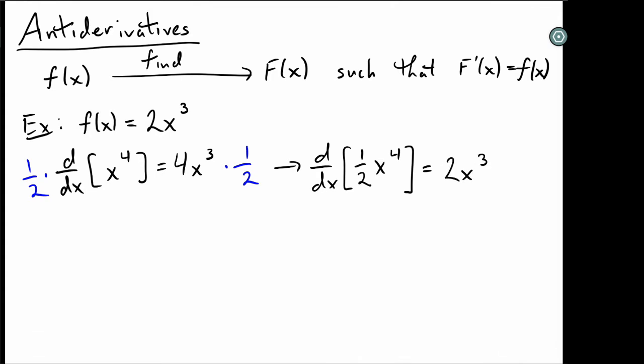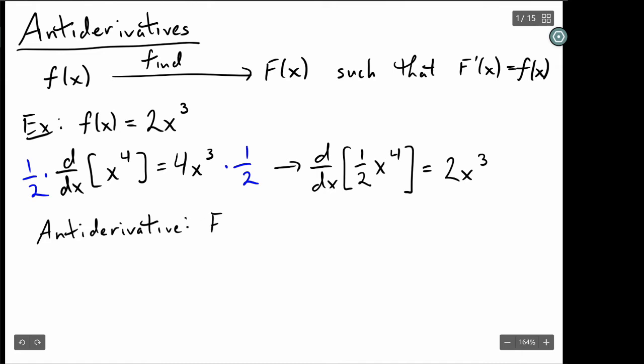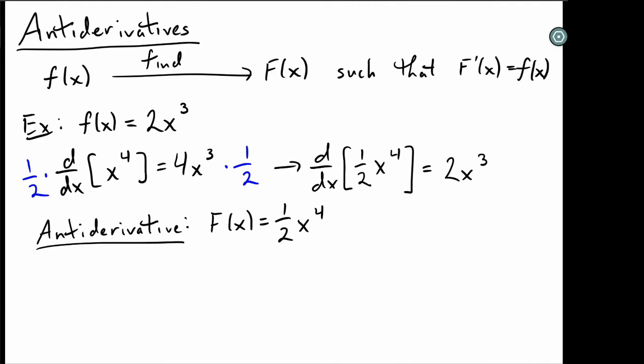So an antiderivative could be, oops, sorry, f of x equals 2x cubed is what we're trying to find the antiderivative of. Sorry, 1/2 x to the fourth. So if I find the derivative of this, f prime of x, I'm going to get back to what I started with, 2x cubed.